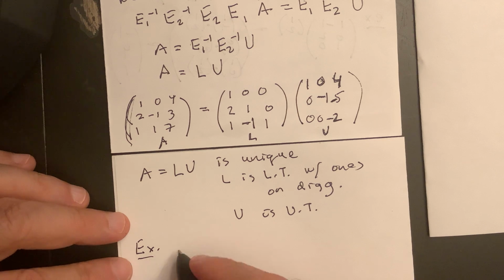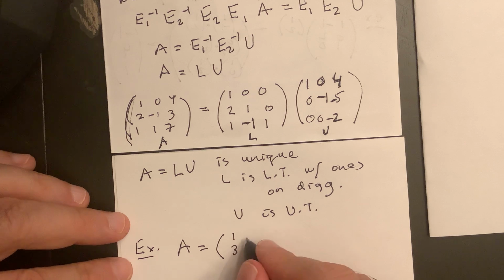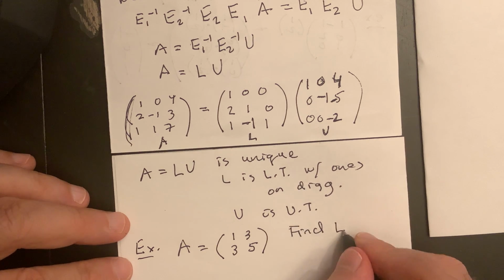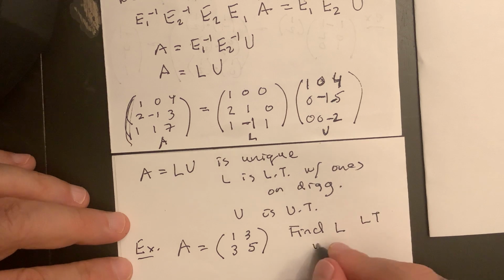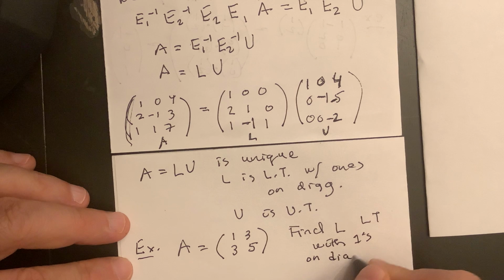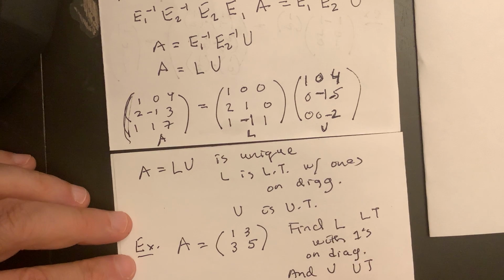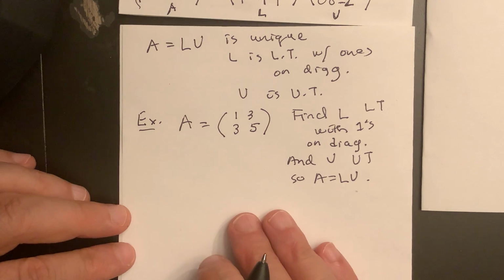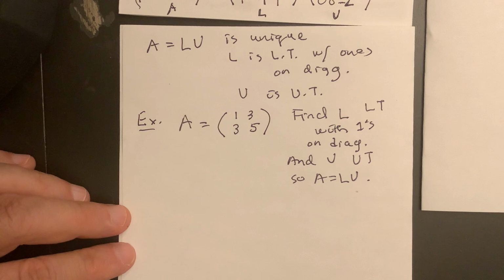So suppose we have A equals, let's just take something, 1, 3, 3, 5, and find L, lower triangular with ones on the diagonal, and U, upper triangular, so A equals LU. Okay? All right, let's do it just as we just did it.